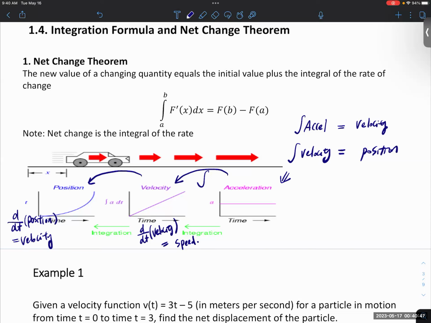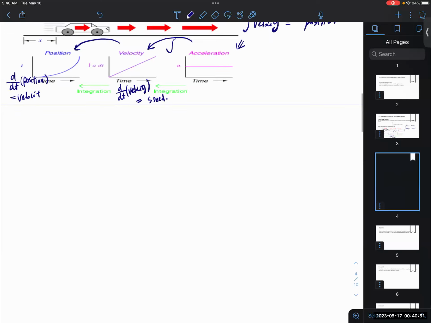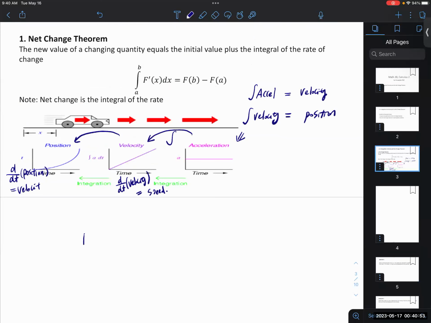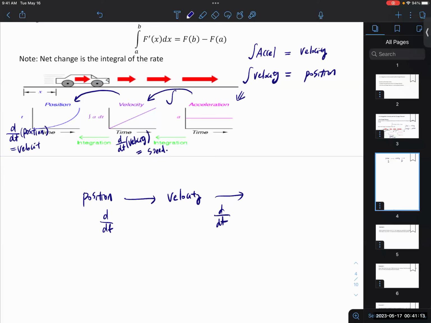So take a look at it. I'm going to just make a little bit of notes here. You have a position function. And then whatever the position of the item is, it is changing over the time. And then if you're taking the differentiation, you get the velocity function, taking d over dt. By taking the derivative, you got the next one, which is speed.